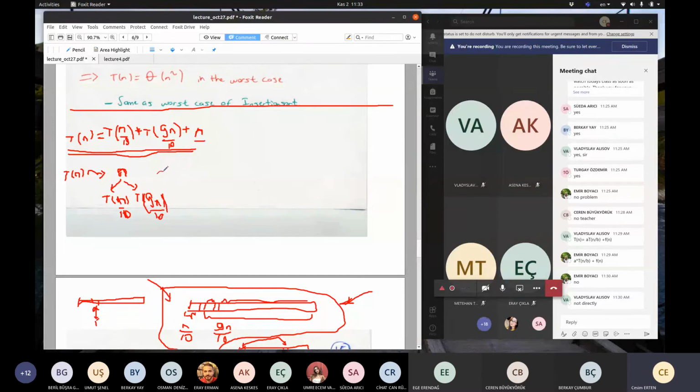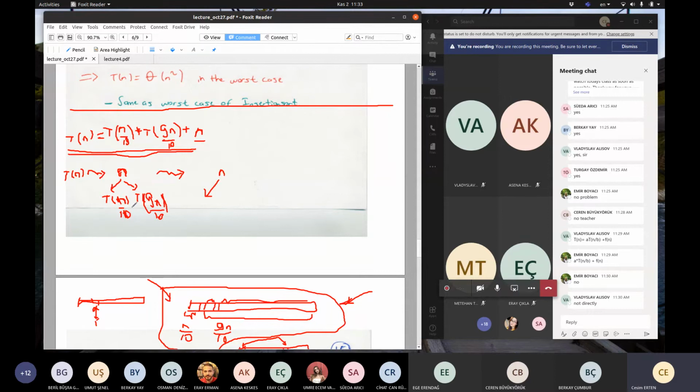For the next expansion step, we do the same thing to expand further these T terms. We already have n at the root. Now, how can we expand this left child, T of n divided by 10?